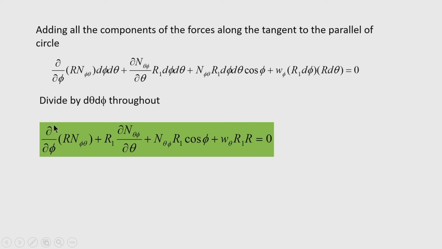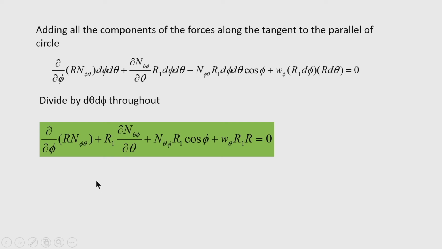Therefore, when we differentiate this quantity, one term will be del r by del phi into n phi theta, and another term will be r into del n phi theta by del phi. And this r 1, which is one of the principal radii of curvature, appears here, along with del n theta by del theta plus n theta phi r 1 cos phi plus w theta r 1 r. So, this is the second equation. This is the equation of equilibrium in the direction of the tangent to the parallel circle.